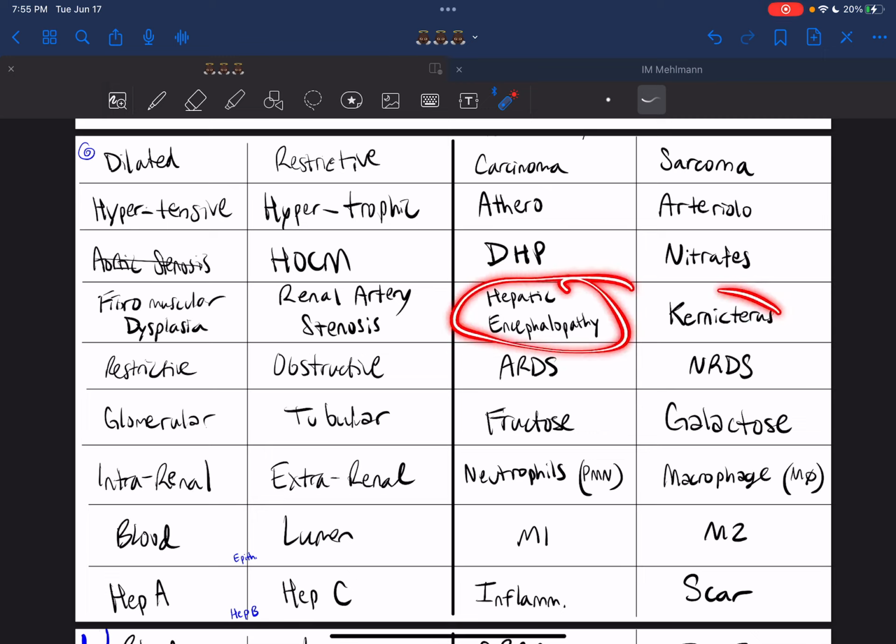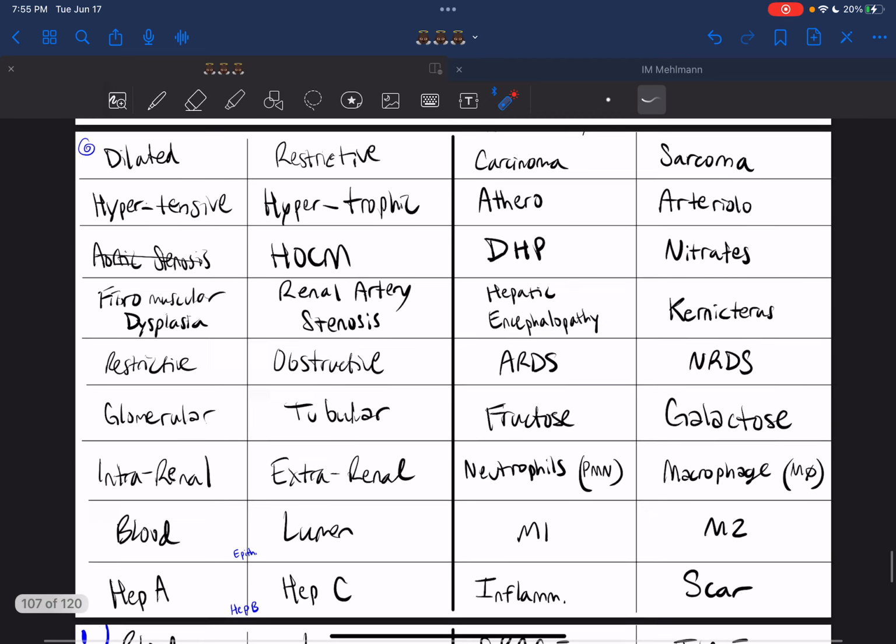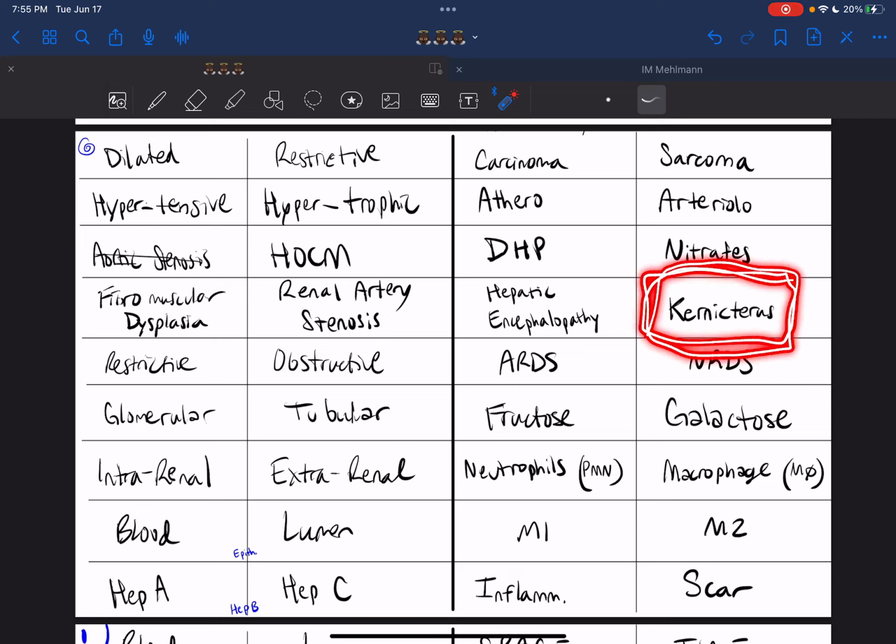Hepatic encephalopathy versus kernicterus. This is adults versus babies. Adults versus pediatrics. So this is when the waste that the liver is not breaking down goes to the brain. And this is when the bile that is not being gotten rid of by the liver goes to the baby's brain.